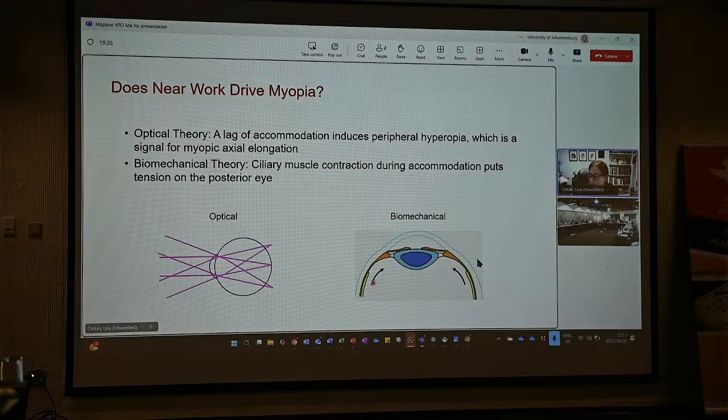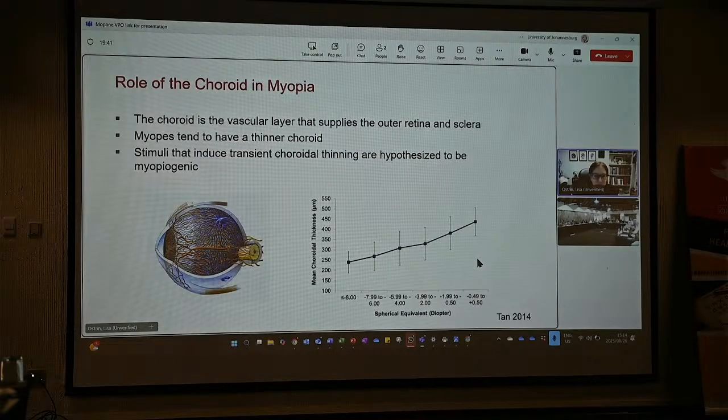So we're interested in these two theories and trying to parse out which one is contributing to the influence of near work on myopia.